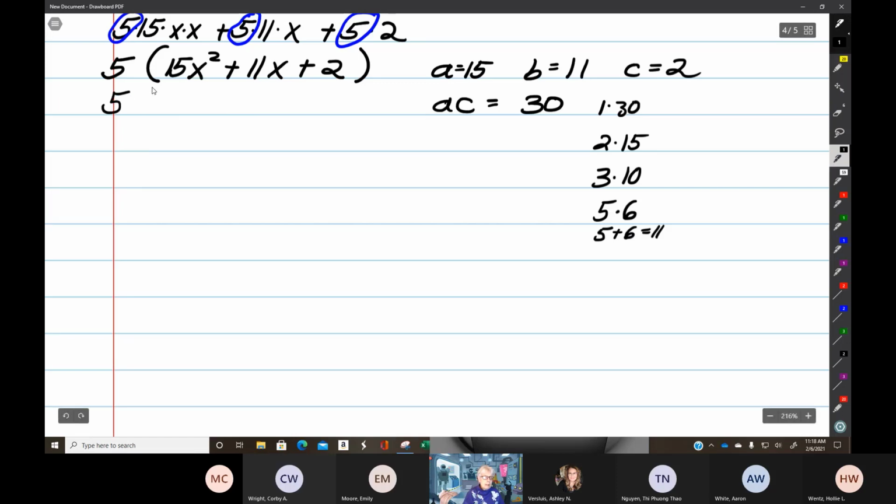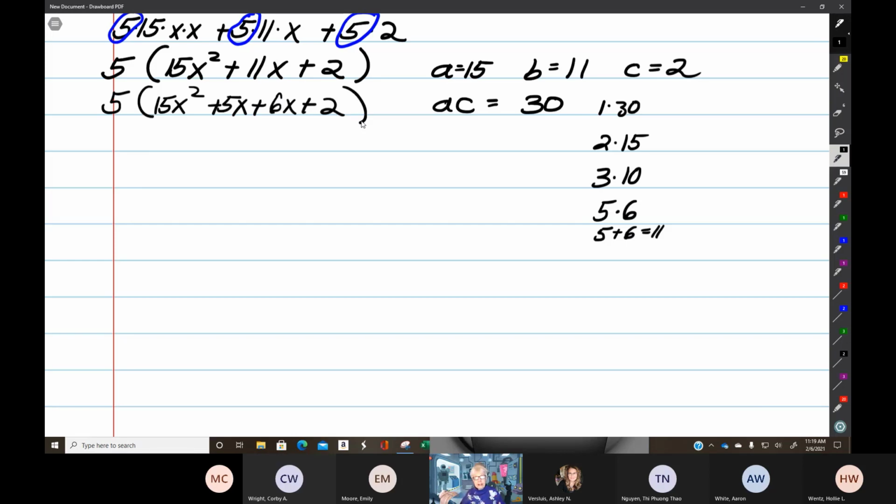So 15x squared plus 5x plus 6x plus 2 is still 15x squared plus 11x plus 2.